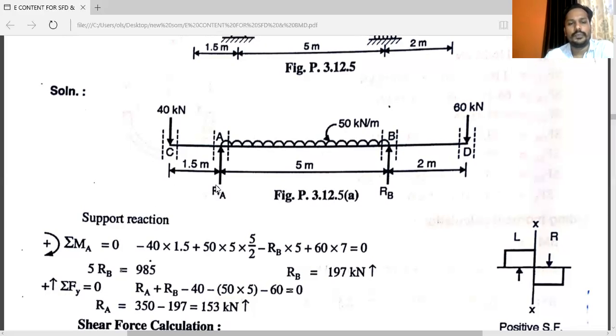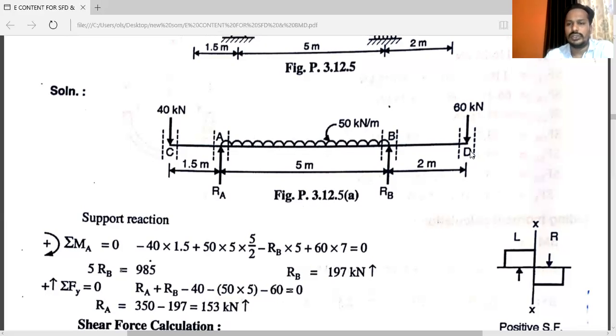RA is moving upward, that is positive, RB is moving upward, that is also positive, minus downward forces, minus 40, minus 50 into 5, because you have to convert the UDL into an equivalent point load. 50 is the intensity of the UDL, into 5, that is the distance.